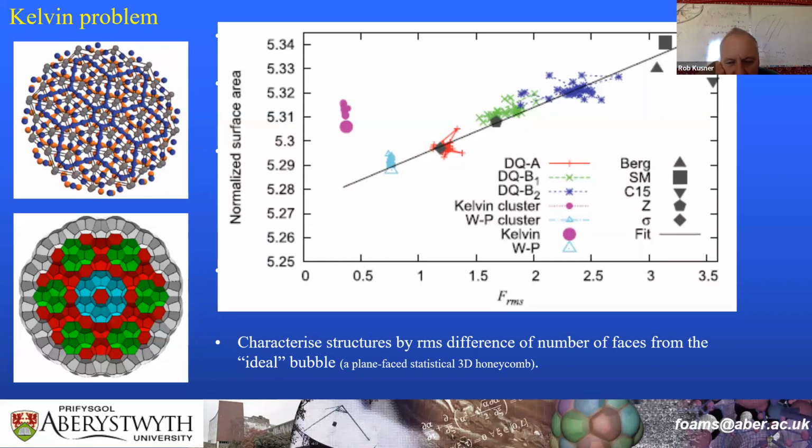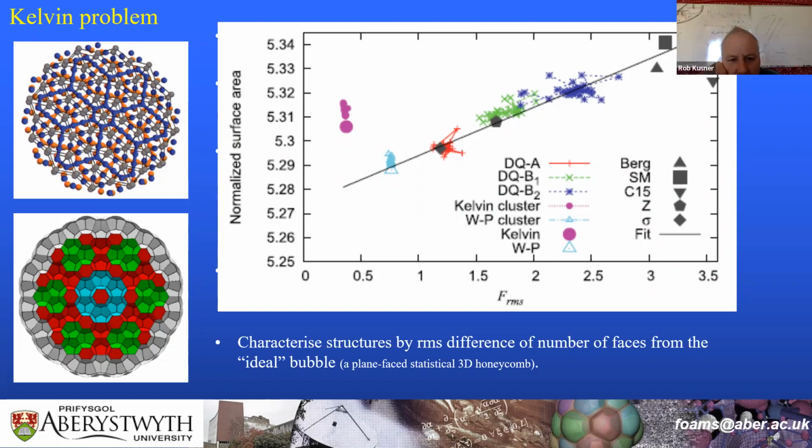So is 0 the famous 13.397? Exactly right. So we needed some axis to compare these things on, and rather than number of faces, we chose the difference from the ideal but unphysical bubble, and then everything except Kelvin lies on a line.